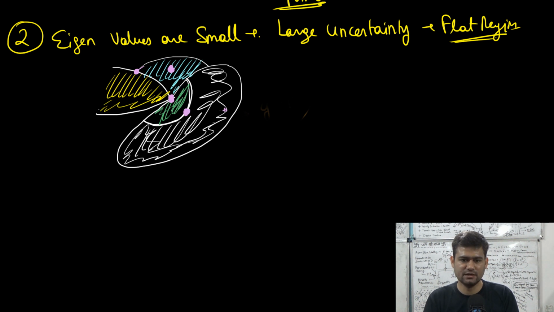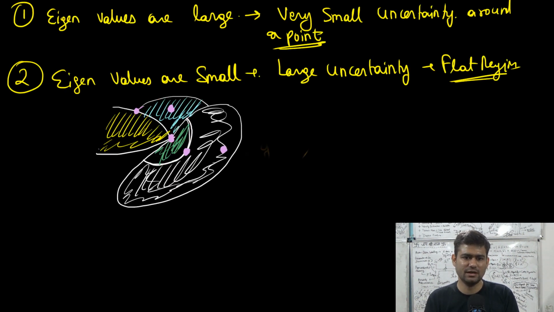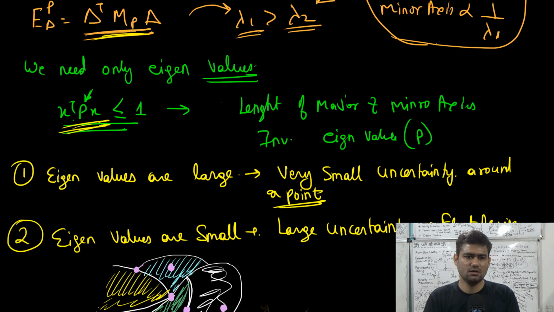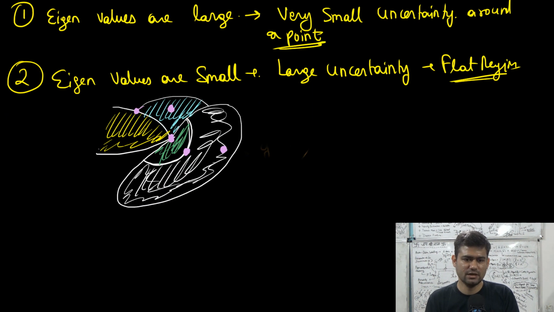And this is again a flat region, a homogeneous region. So if we plot the ellipse corresponding to the expression delta transpose M delta, the ellipse would be very small.